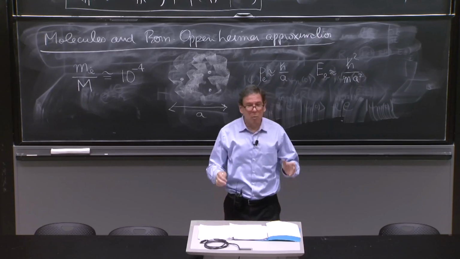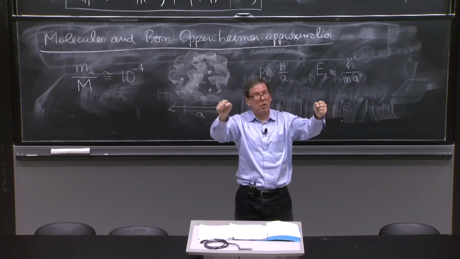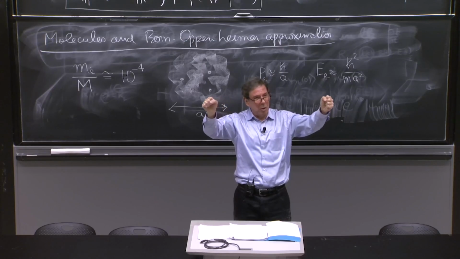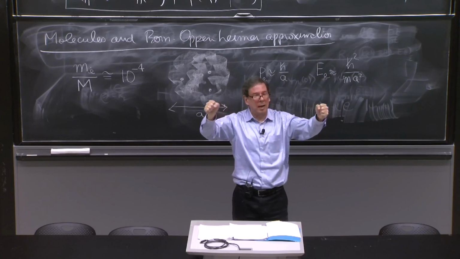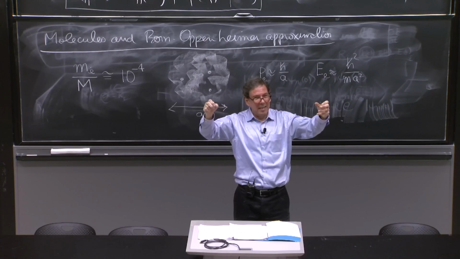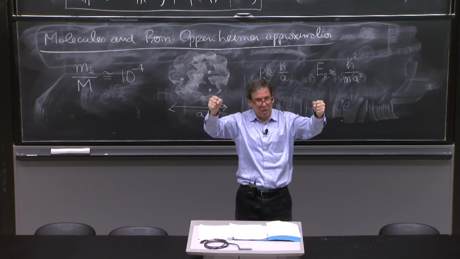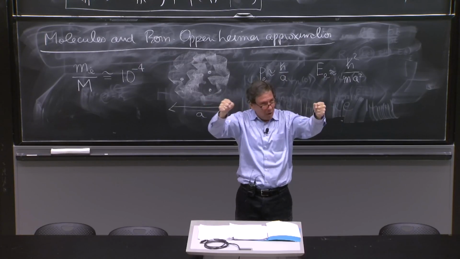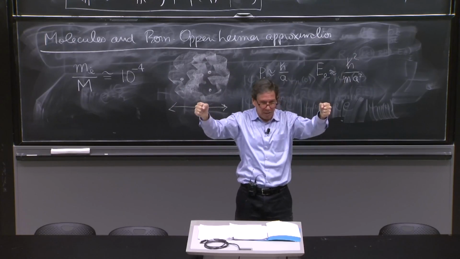That is our picture. We have slow vibrations of the nuclei that are mostly localized, and you can imagine calculating the electronic configuration for any particular separation of the nuclei, and that's the cloud for this separation.